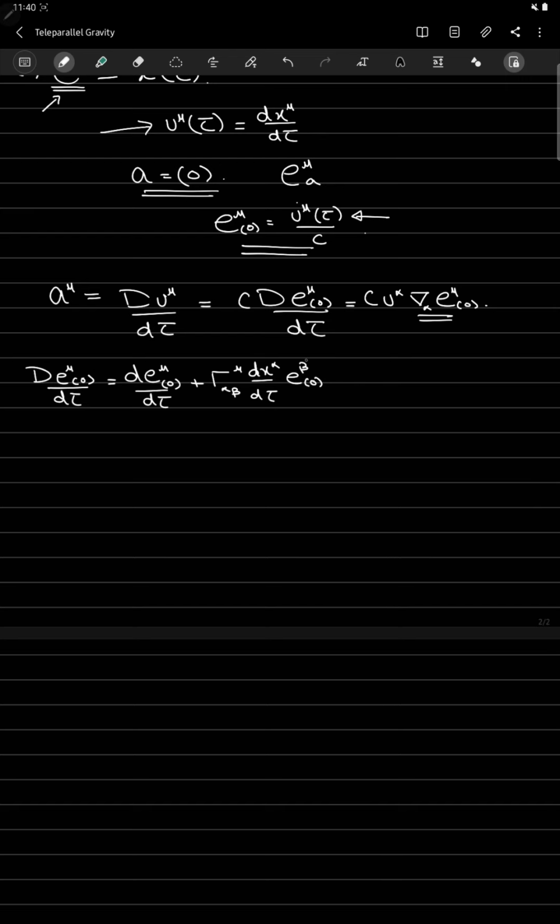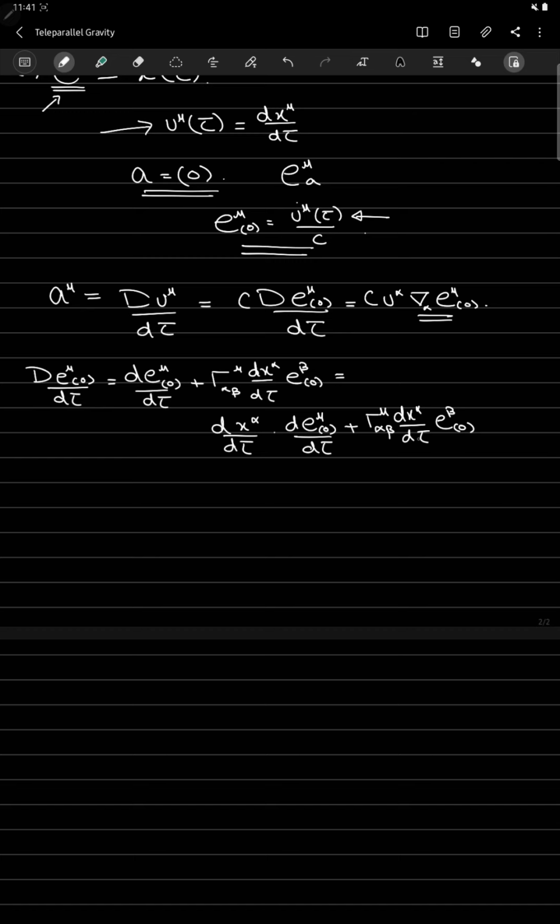And then you can expand this again and write it as dx alpha over d tau times de mu 0 over d tau plus your Christoffel symbols mu alpha beta and dx alpha over d tau e beta 0.